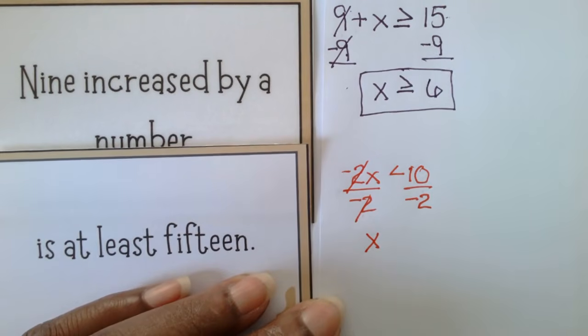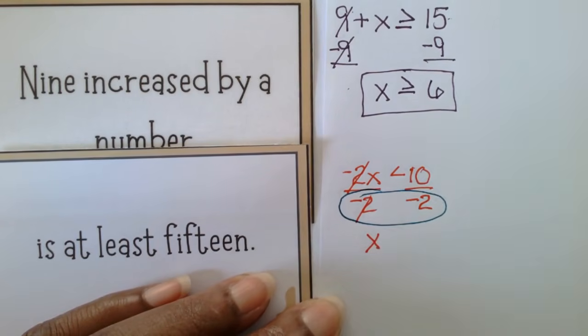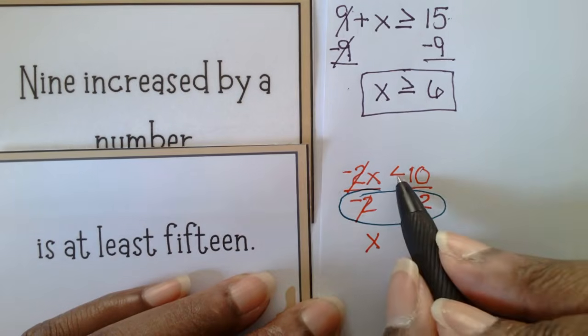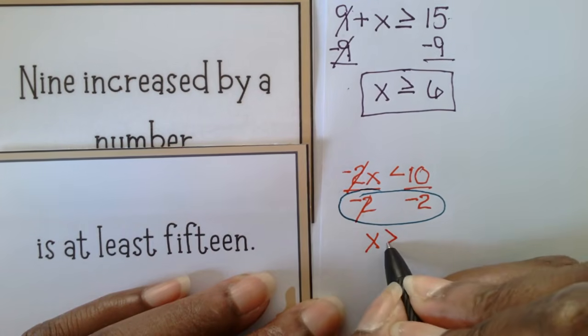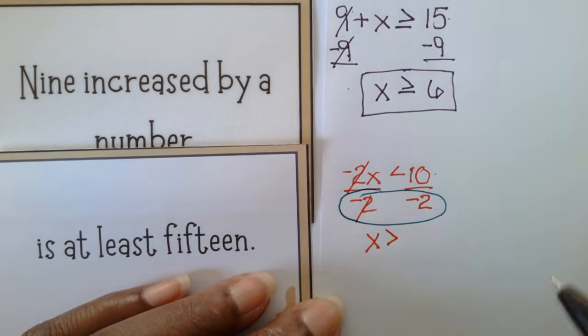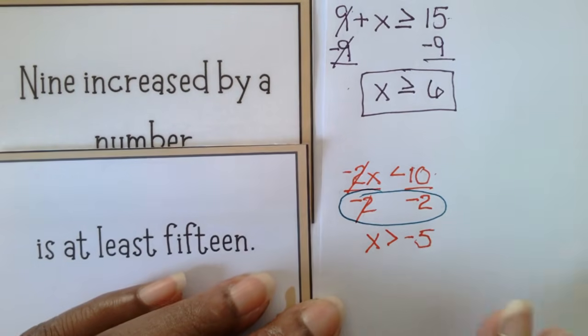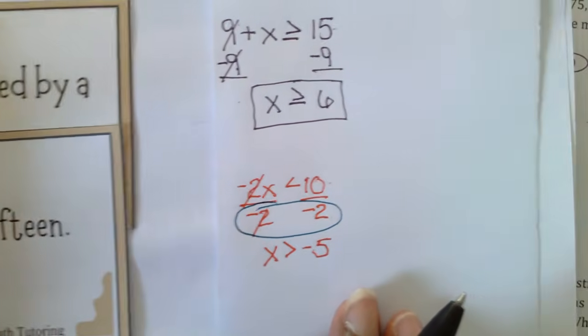That's perfectly fine. But because I divided by a negative 2, my sign is going to change directions. Not because my result is a negative 5. It has nothing to do with the result.